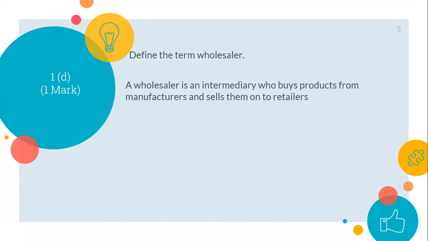The definition for a wholesaler is, a wholesaler is an intermediary who buys products from the manufacturers and sells them on to the retailers. To get the complete 1 mark, you have to have these terms: retailer, manufacturer, and intermediary. These 3 terms have to be mentioned in your definition to get the complete marks.